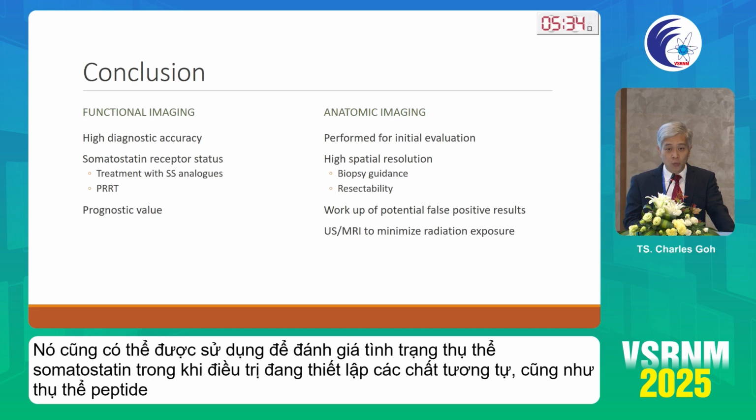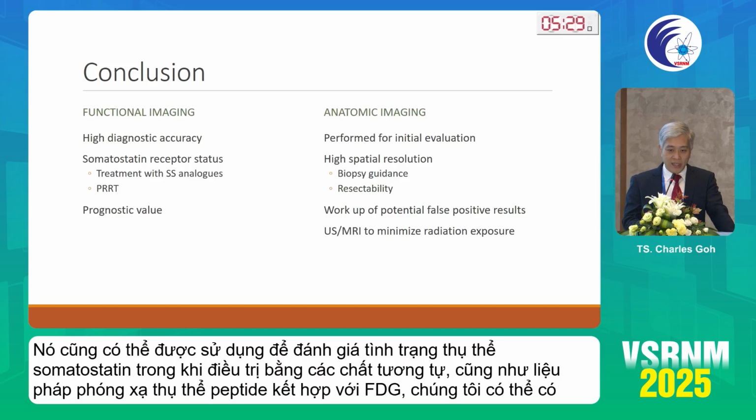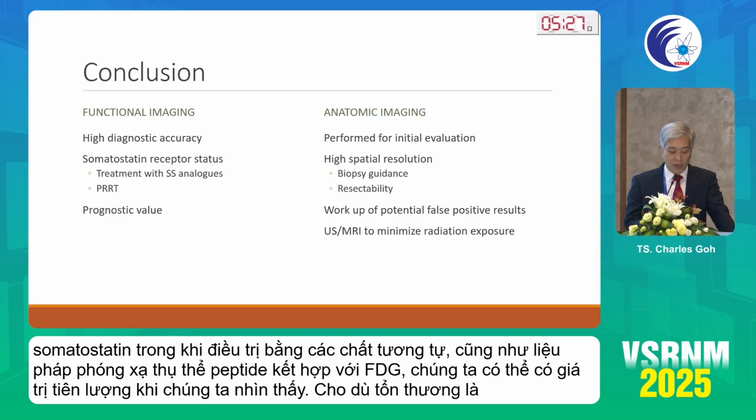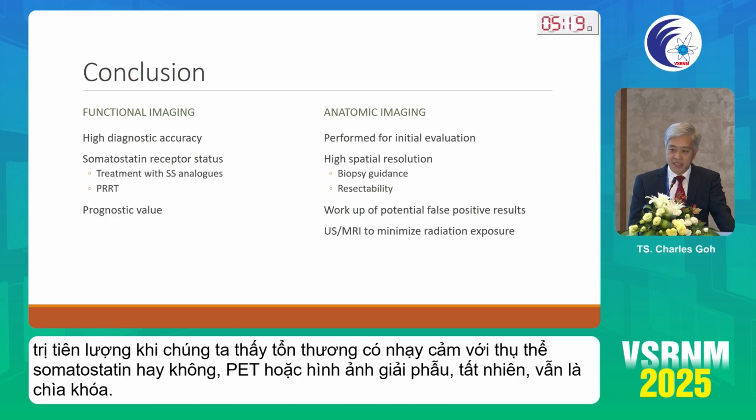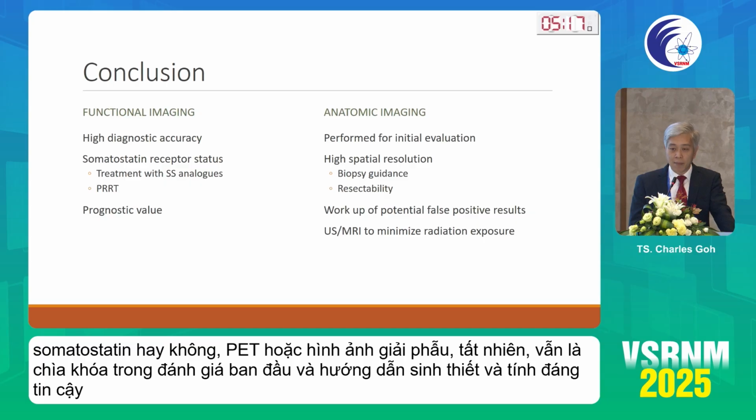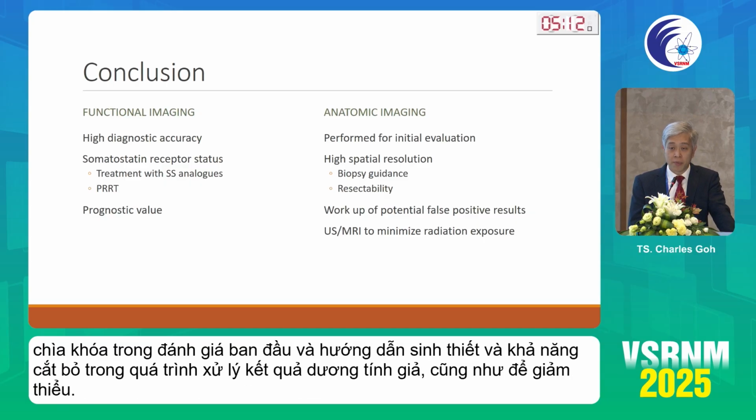Combined with FDG, we are able to have prognostic value when we see whether the lesion is avid on somatostatin receptor PET or FDG. Anatomic imaging, of course, remains key in initial evaluation, in guiding biopsy and resectability, in workup of false positive results, as well as to minimize radiation exposure in patients who may need multiple repeat imaging over time.